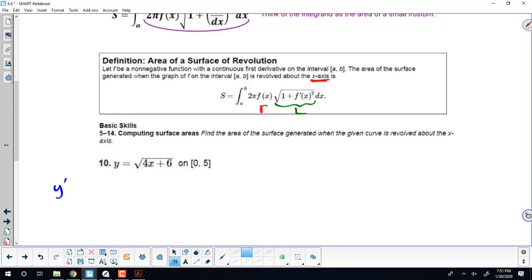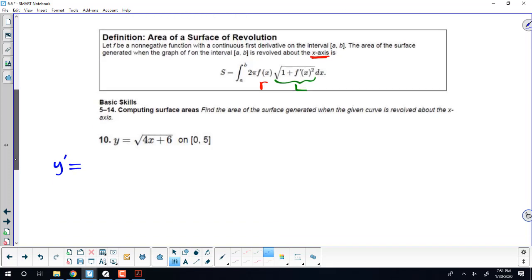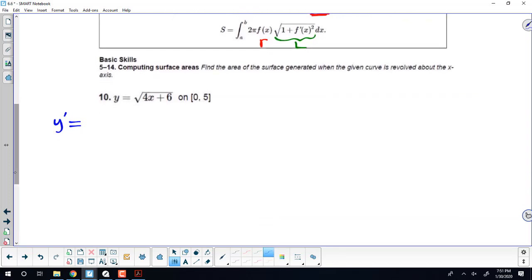So the derivative of square root of 4x plus 6. What's the derivative of the square root of 4x plus 6? So our function, again, we're going to view it as a power.